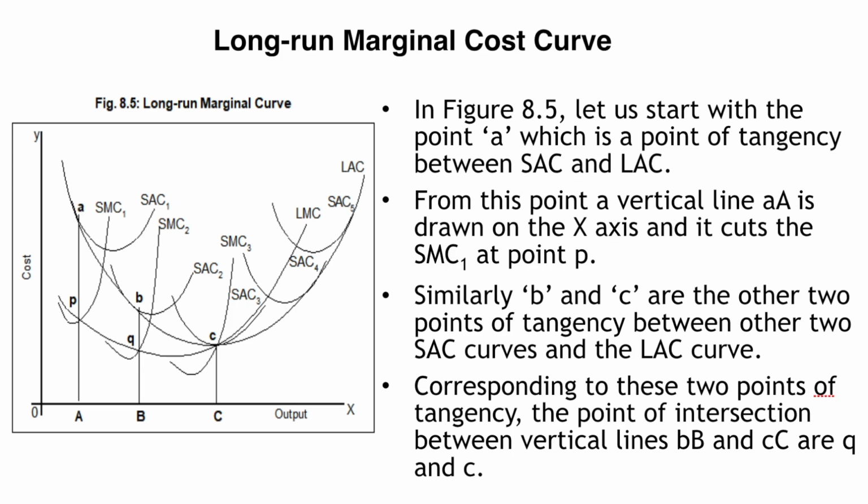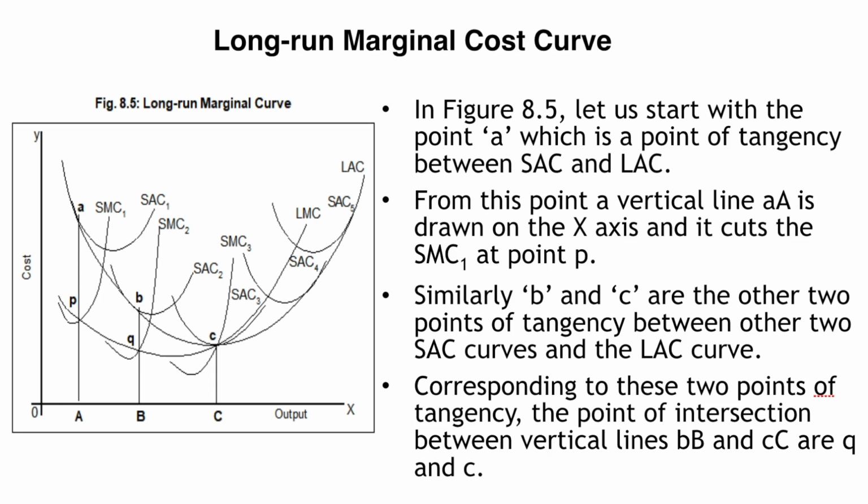In figure 8.5, let us start with the point A, which is a point of tangency between SAC and LAC. From this point, a vertical line AA is drawn on the x-axis and it cuts the SMC1 at point P. Similarly, B and C are the other 2 points of tangency between the two SAC curves and LAC curve.